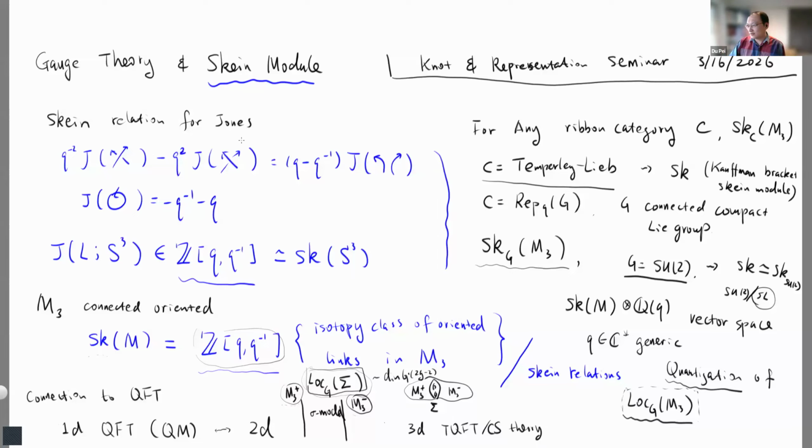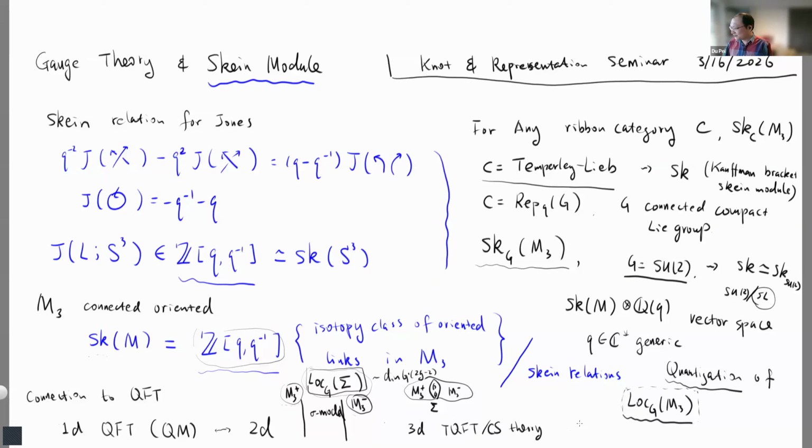Because, well, the Jones polynomial famously has a connection with expectation value of Wilson lines in Chern-Simons theory. So therefore, one can ask, what's the connection between the skein module and Chern-Simons theory? So here we see some connection, the appearance of skein module on both sides, but the connection is not super clear.